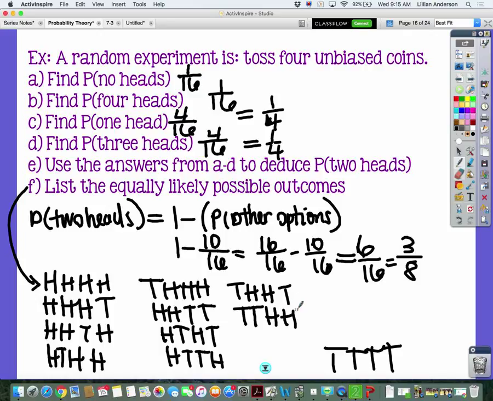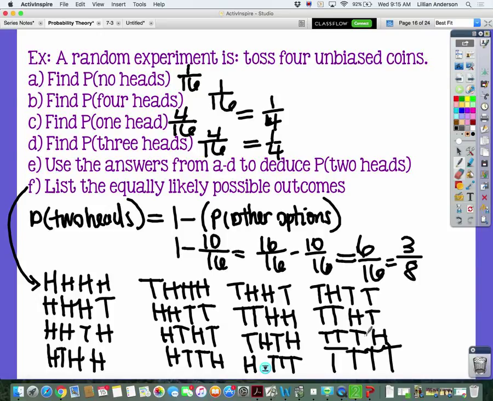Okay, these are all the different possible combinations that you could have. Right, and if you look, that is 6 options. Okay. As for 1 head, you could have head, tail, tail, tail. You could have tail, head, tail, tail. You could have tail, tail, head, tail.